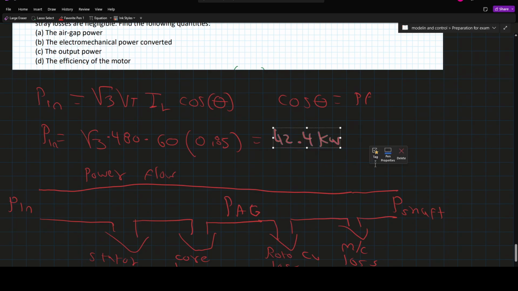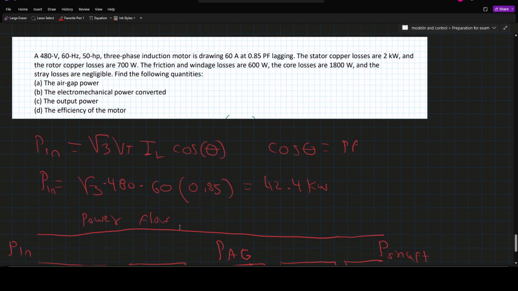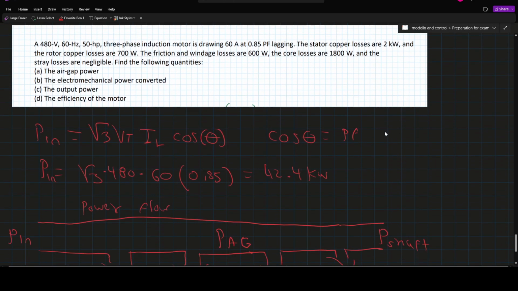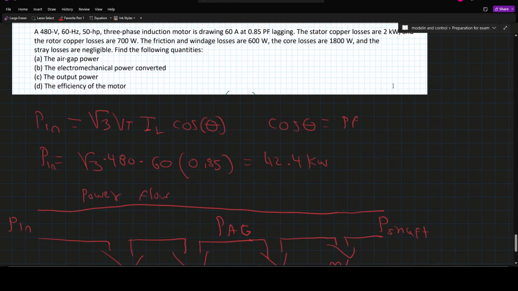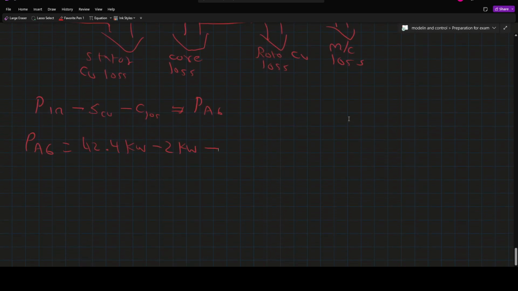So our air gap power is gonna be our 42.4 kilowatts minus our stator copper loss, here given as 2 kilowatts, minus our core loss, which is 1800 watts.